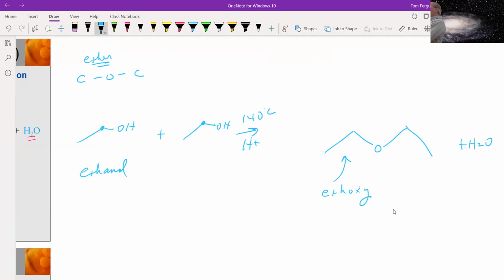Eth, because it's two carbons long, could be methoxy, one carbon long. So this is an ethoxy functional group off of ethane. Okay, and it's off of carbon number 2. So it's 2-ethoxy ethane. That's IUPAC.